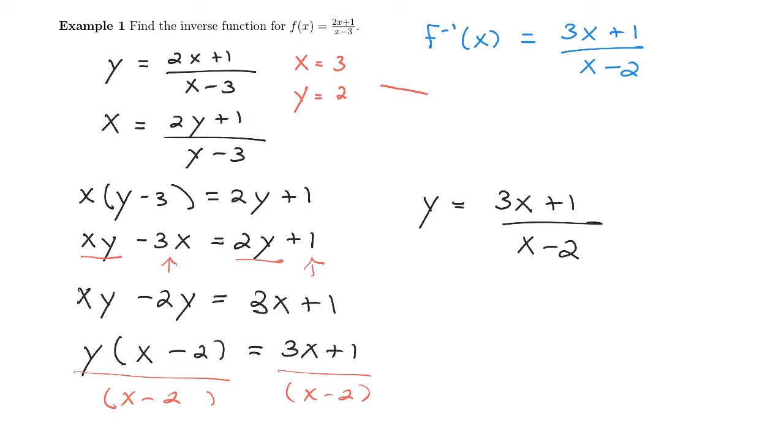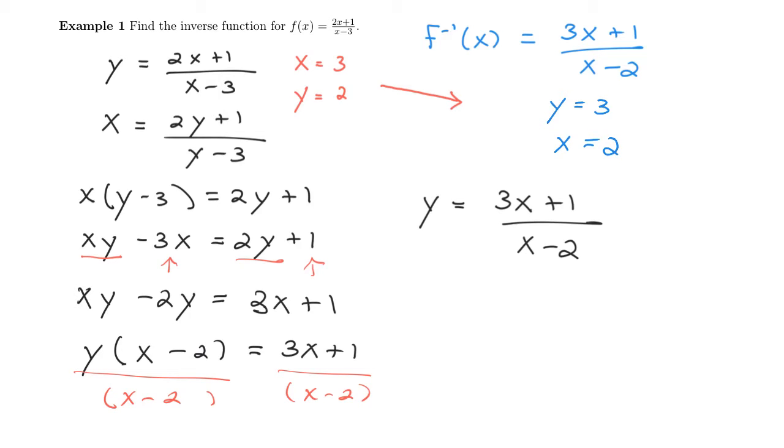If your inverse switches all of your x's with all of your y's, that is true for this x and for this y. This should now be a y, this should now be an x in my inverse function. That is, I should have that y is equal to 3 and x is equal to 2 as being relevant to my new equation. And what do you know? It is.